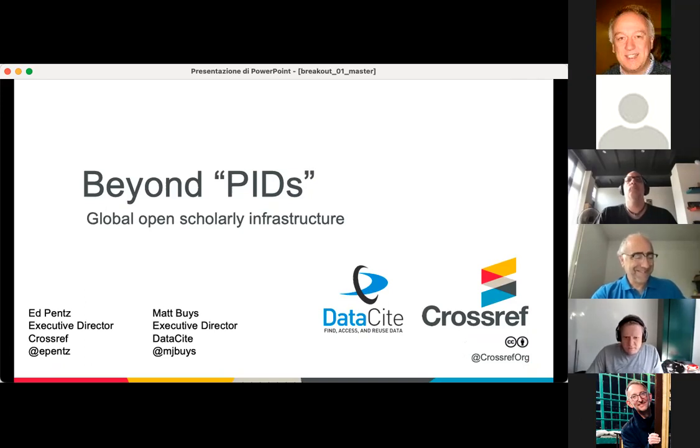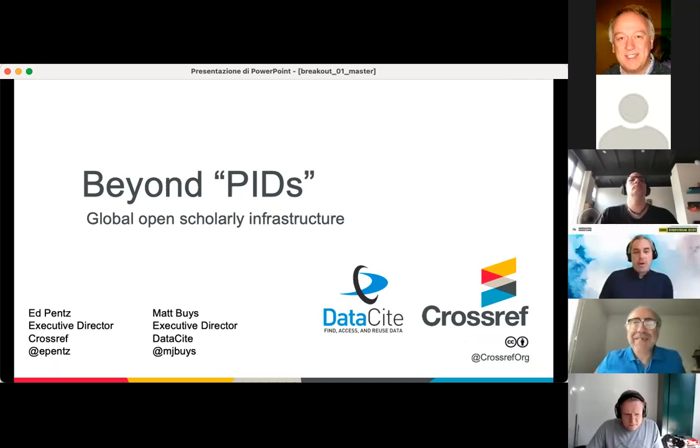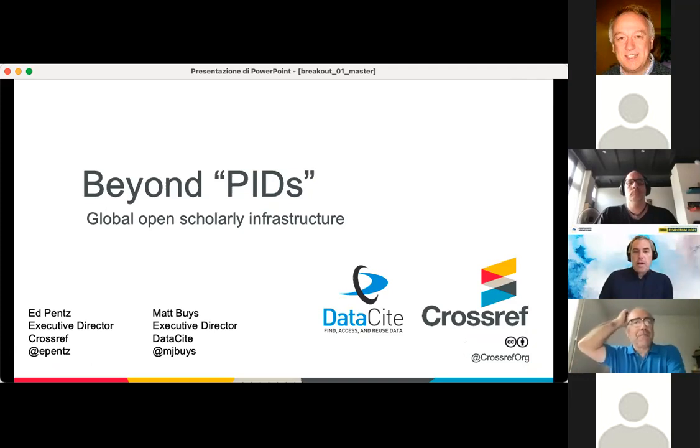Let's get going. So we're going to be talking today about open scholarly infrastructure. And one of the key messages we have is that we need to move beyond talking about PIDs and persistent identifiers. They're very important, but I think often the PID is too much of the focus rather than the services and infrastructure that it connects with.